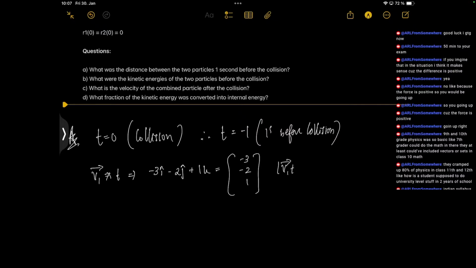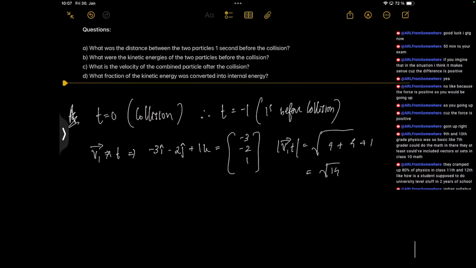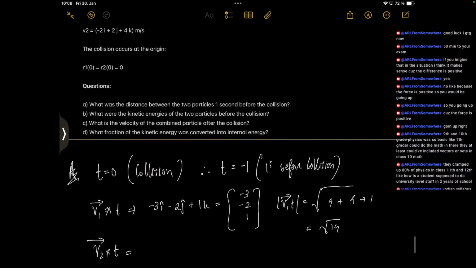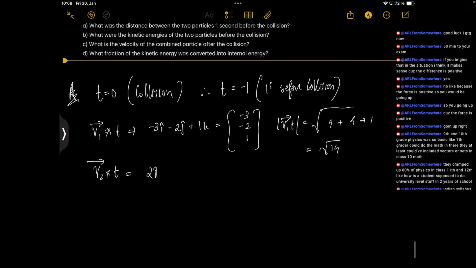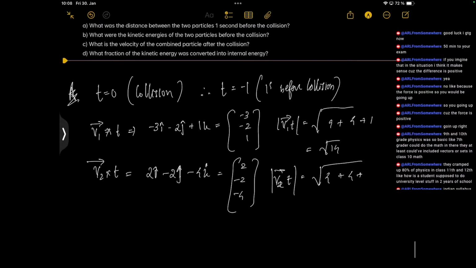Vector magnitude equals 13, 14, root 14. 2 minus 2 minus 4, 20, 24, root 24.